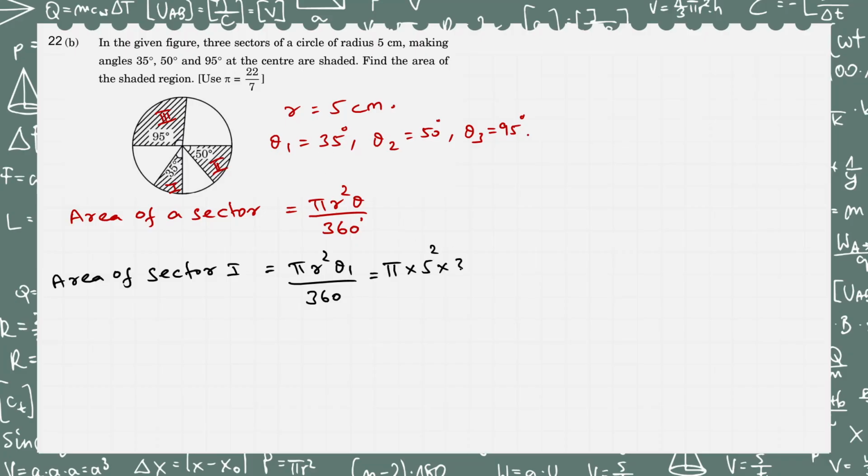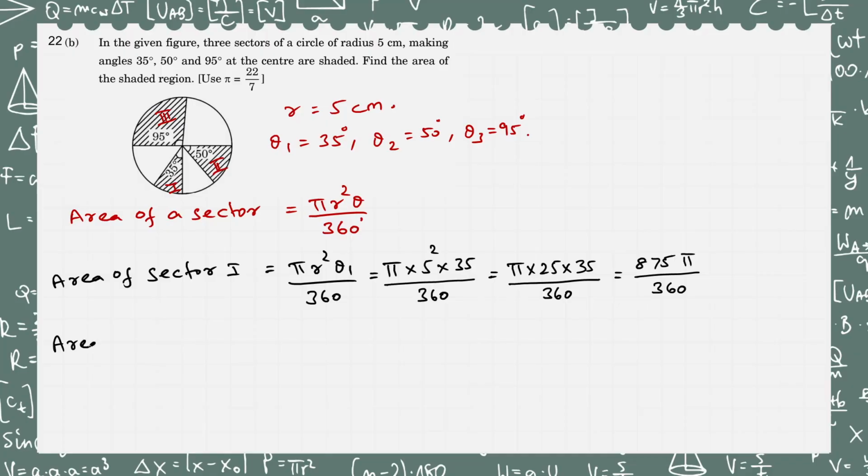Theta 1 is 35, so 35 divided by 360 and this will be equal to pi into 25 into 35 divided by 360 and that is equal to 875 pi divided by 360. We will simplify later. Let it be as it is.